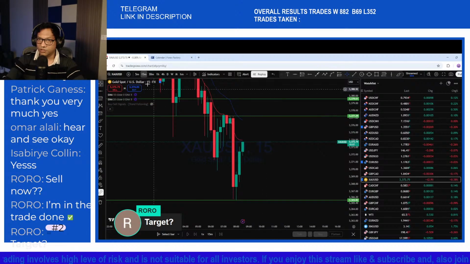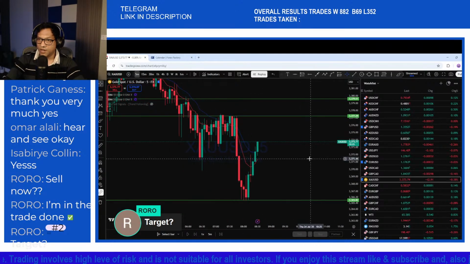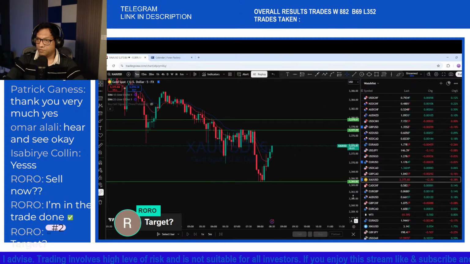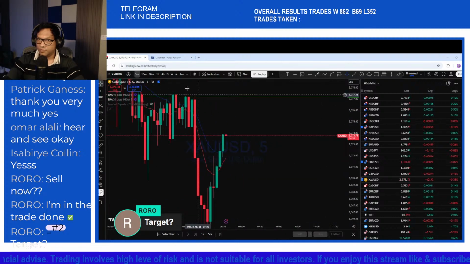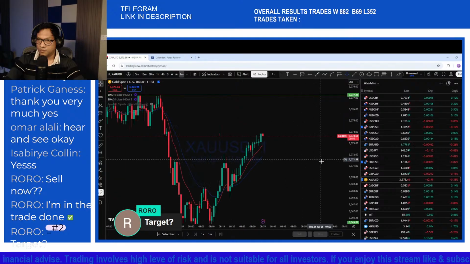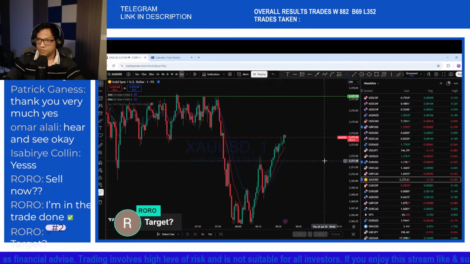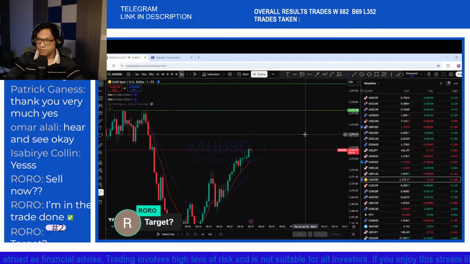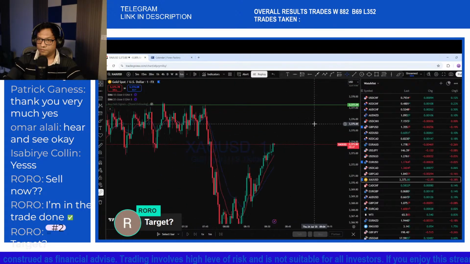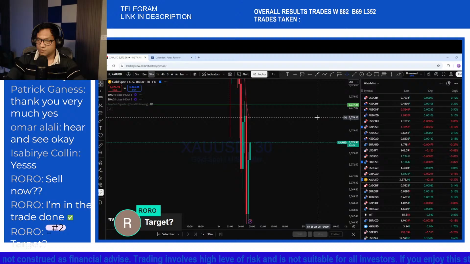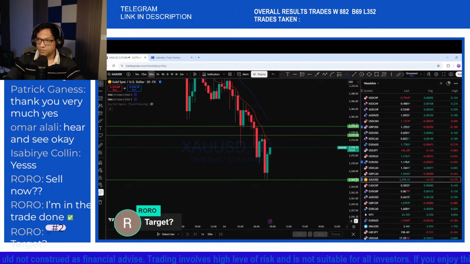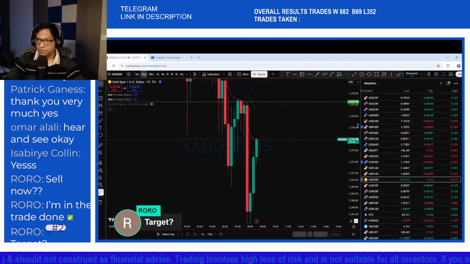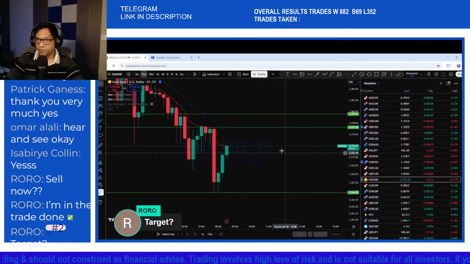On the 15 minutes you can see the price is moving back to the upside here with this momentum. So it keeps pushing high.